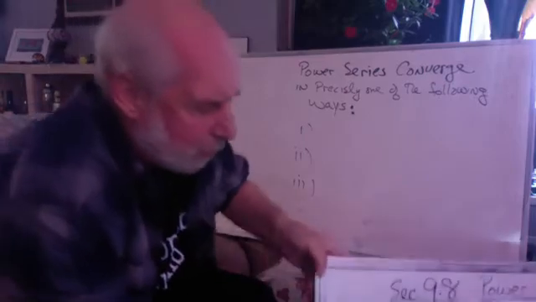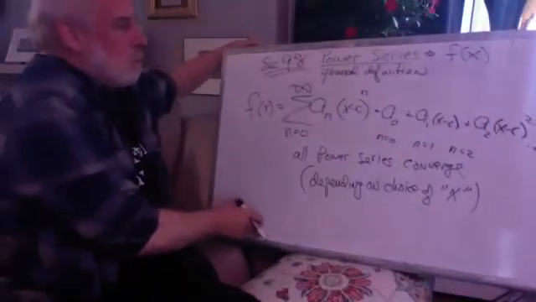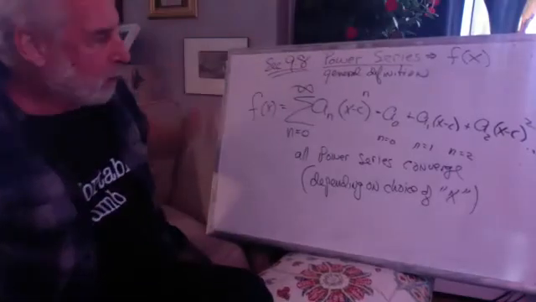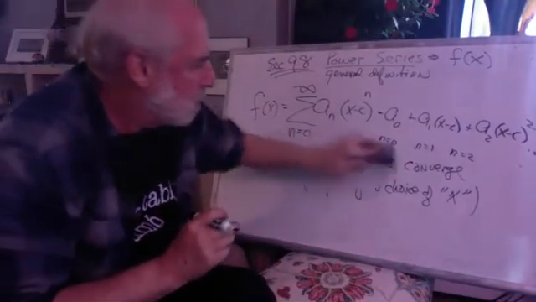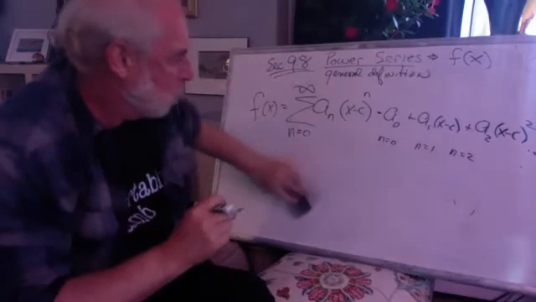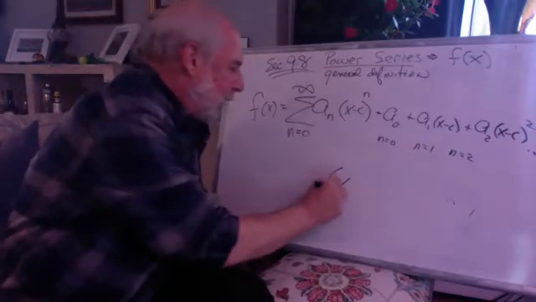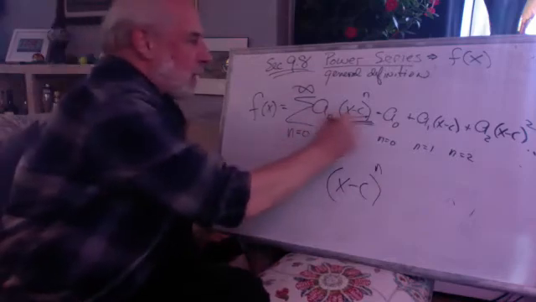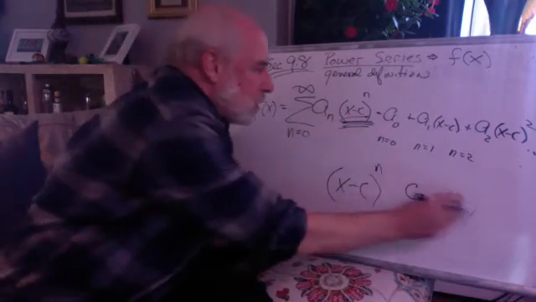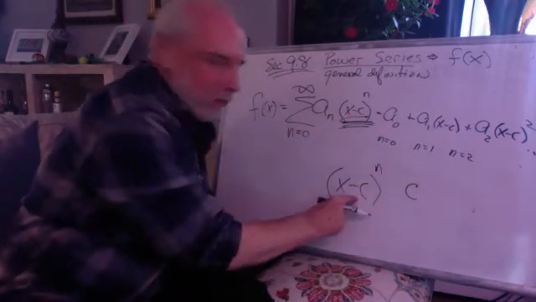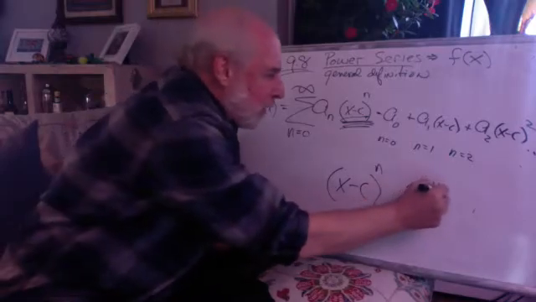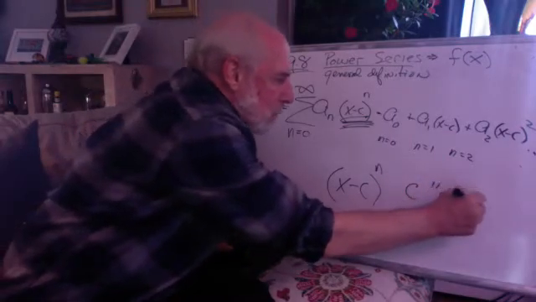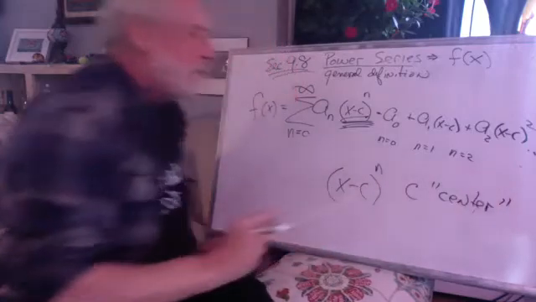So let me pull this other board back up here for just a second. In the expression x minus c to the n power, this part right here, c, is a constant, and c is the center.